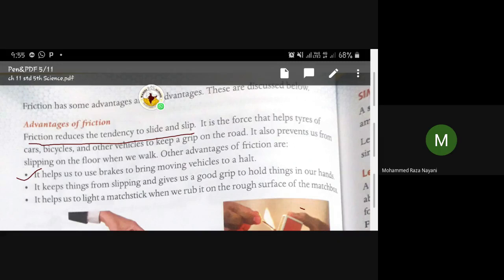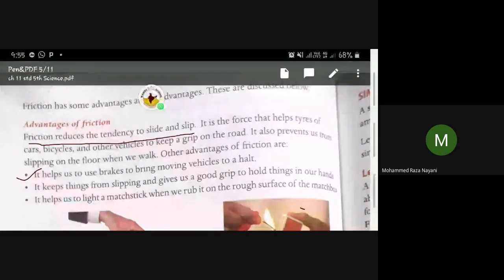It keeps things from slipping and gives us a good grip to hold things in our hands. Now, third one. It helps us to light a matchstick when we rub it on the rough surface of the matchbox.